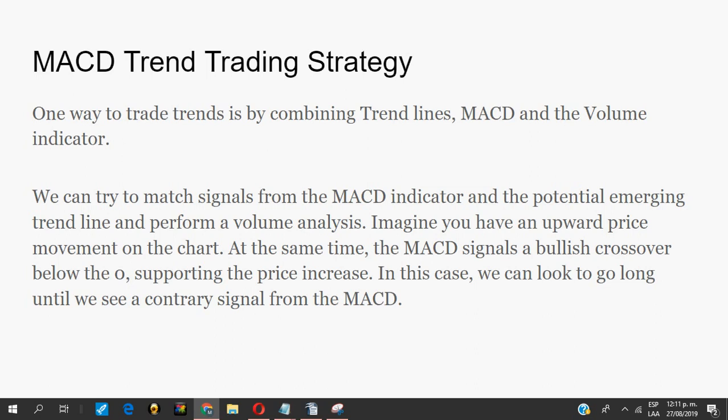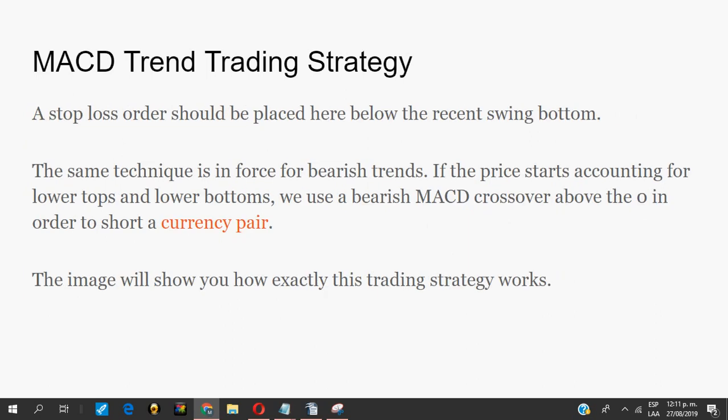At the same time, the MACD signals a bullish crossover below the zero, supporting the price increase. In this case, we can look to go long until we see a contrary signal from the MACD. A stop loss order should be placed here, below the recent swing bottom.